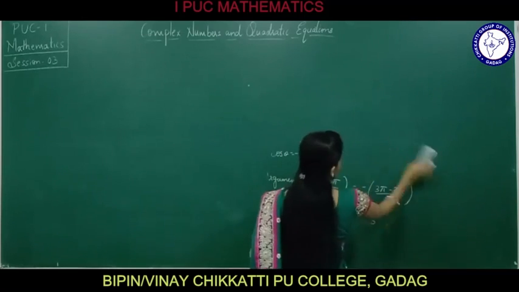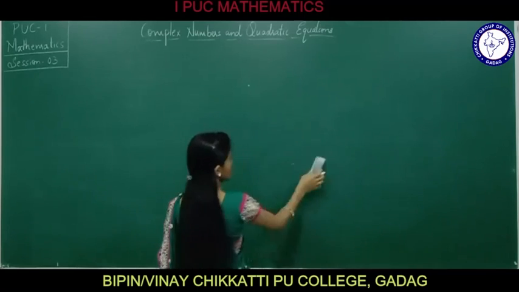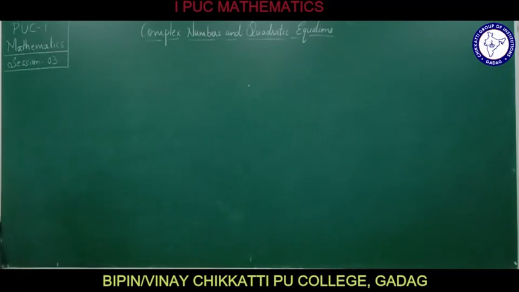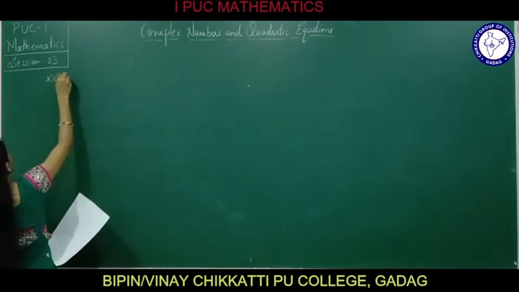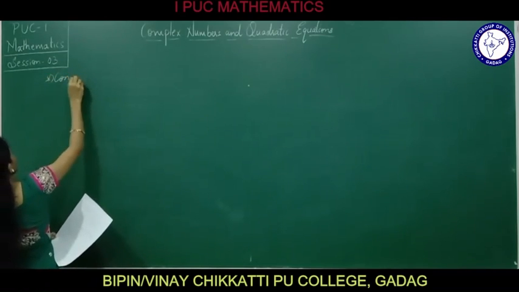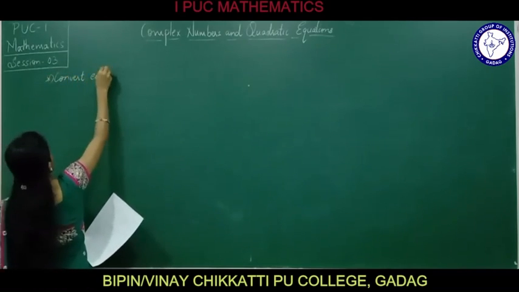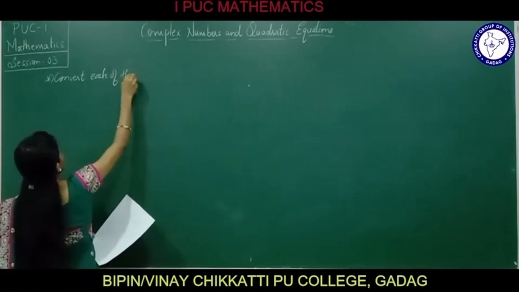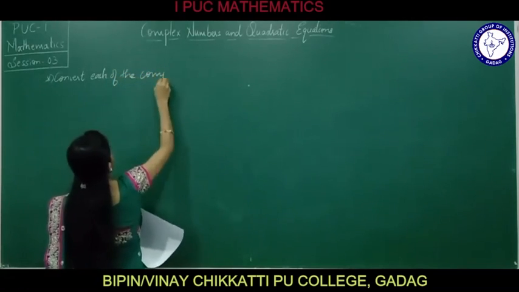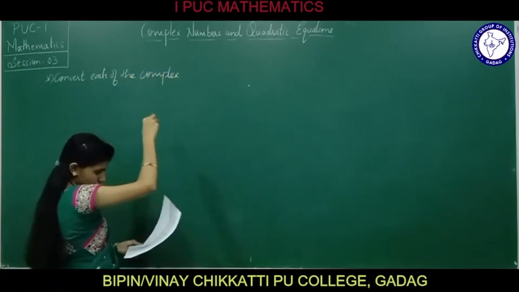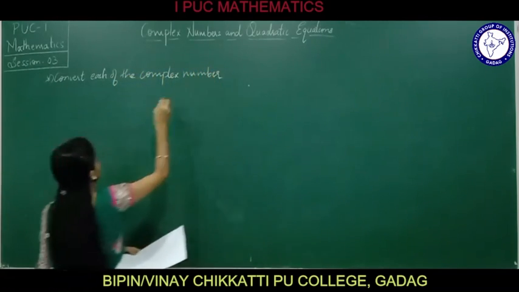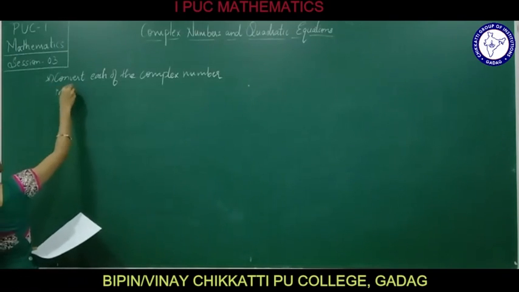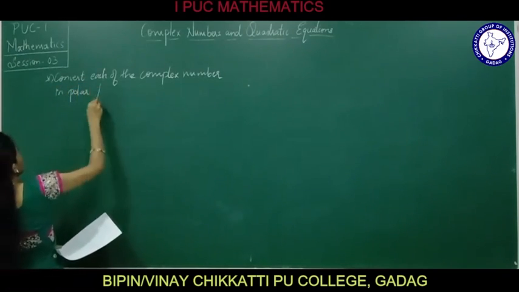What is the next problem given? It is given to convert each of the complex numbers into polar form.